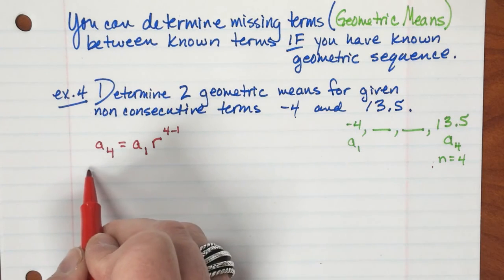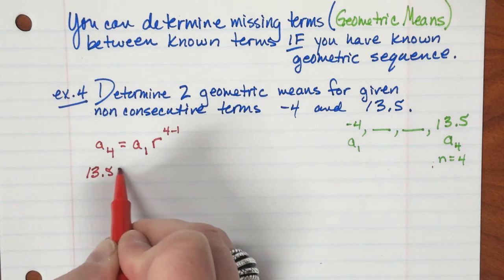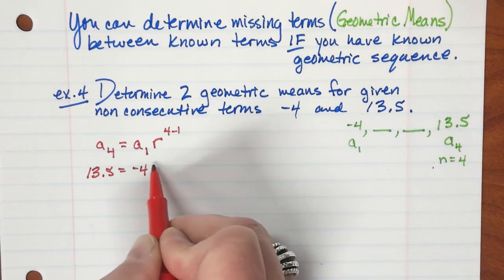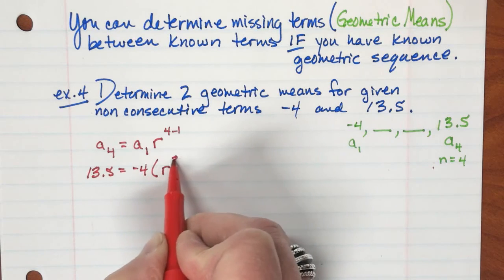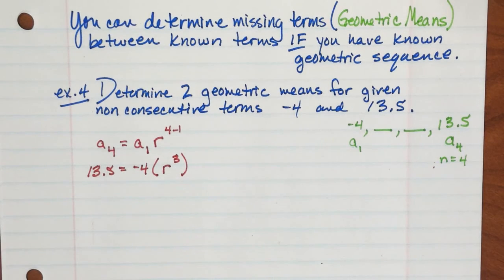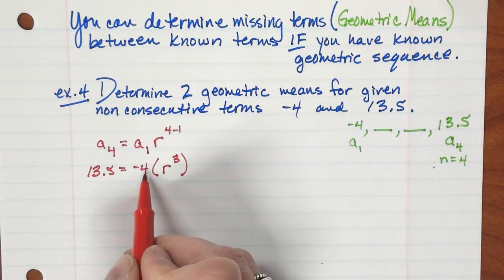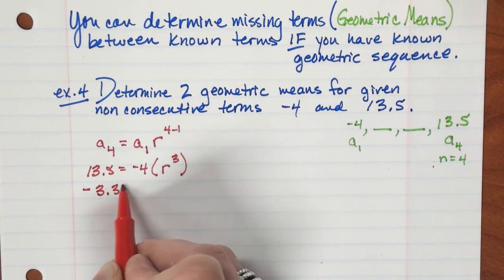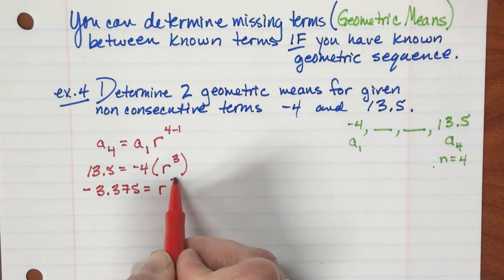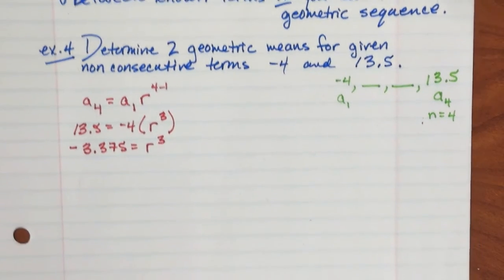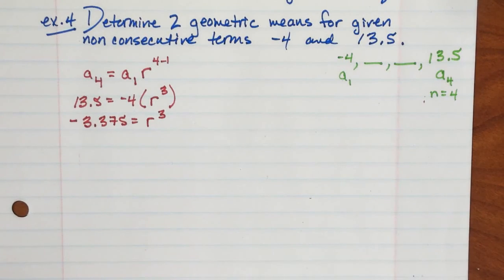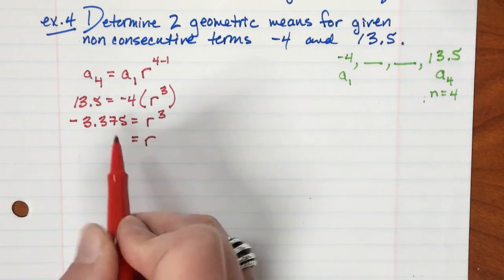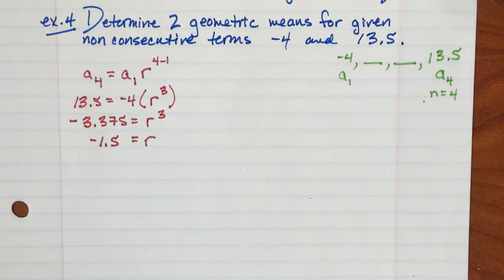So this is 13.5, this is -4, and this is times r to the third power. So you divide both sides by -4, and you find that -3.375 equals r cubed. Well, how are you going to get r? Yes, you're going to take the cube root, and you can do that on your calculator. And you see that r is equal to -1.5.